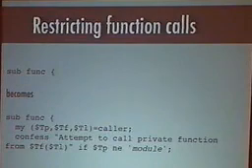The other side of this is the declaration of a function. When you say sub func, which is a private one, if you remember, it finds out who called, which is what this caller thing does, and checks whether the caller is the same module. If the caller is not the same module, it dies.